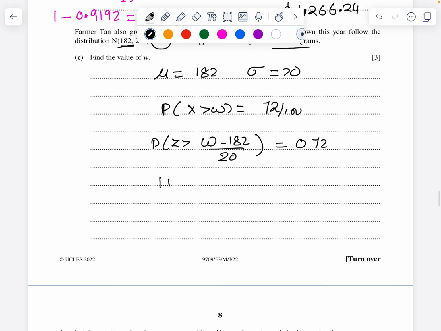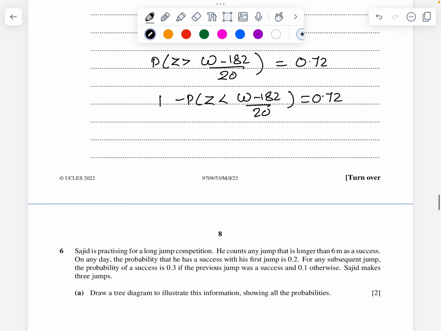Now greater to lesser means 1 minus. So 1 minus probability of Z less than (W minus 182) by 20 equals 0.72. So probability of Z less than (W minus 182) by 20 is 0.28.